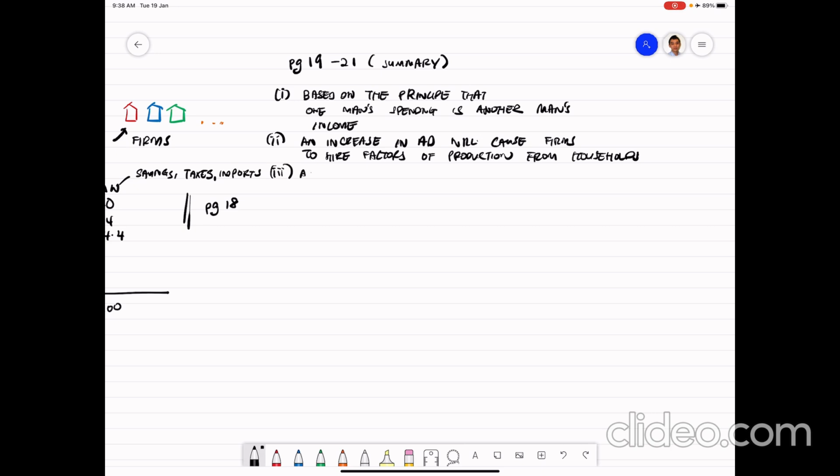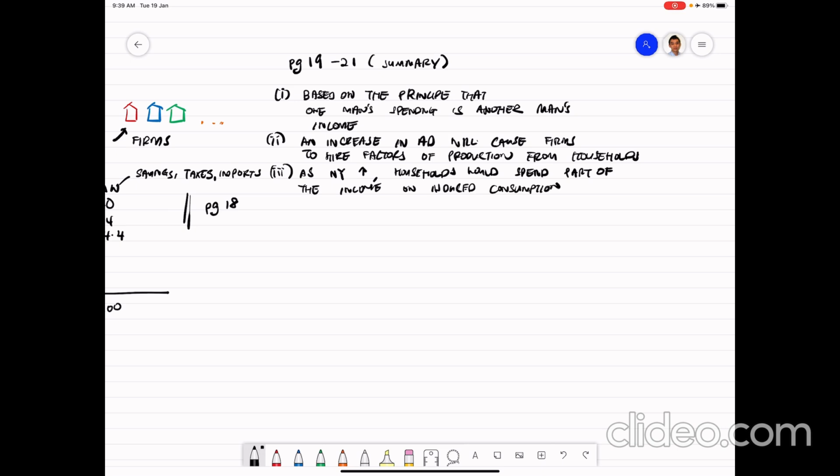So as national income increases, households would spend part of the income on induced consumption, right?